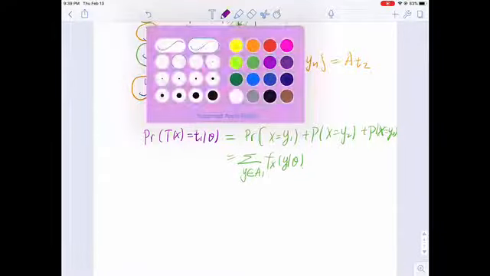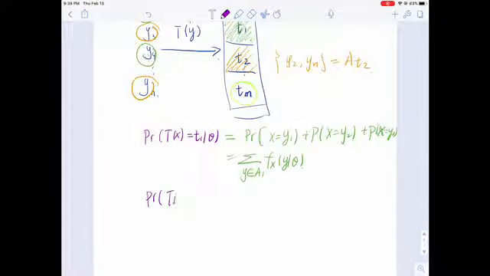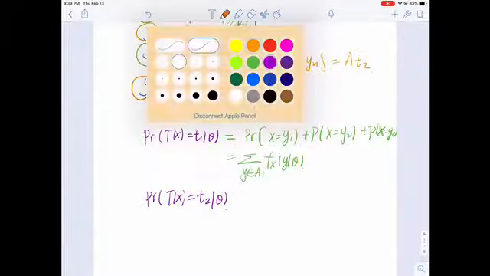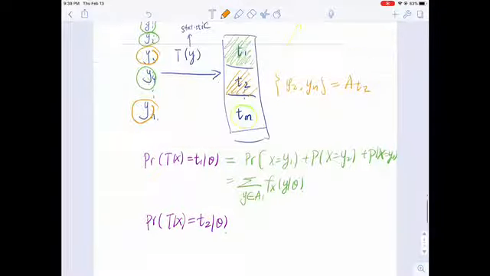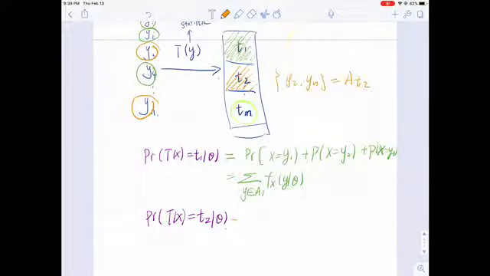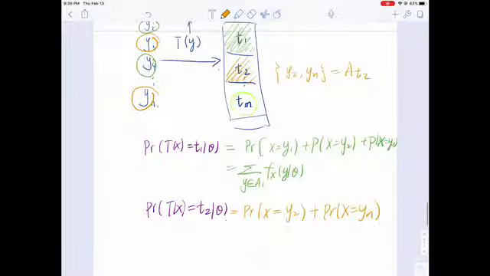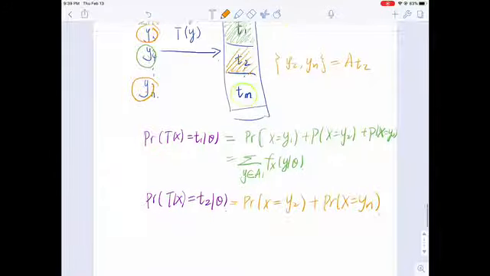Similarly, if we're looking at the probability that T of x is equal to t2, and this is the orange region right here, we can write it as the probability that x is equal to y2 plus the probability that x is equal to yn, since we know there are only two elements in this A2 partition.